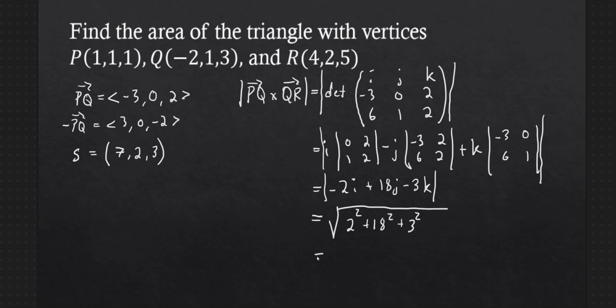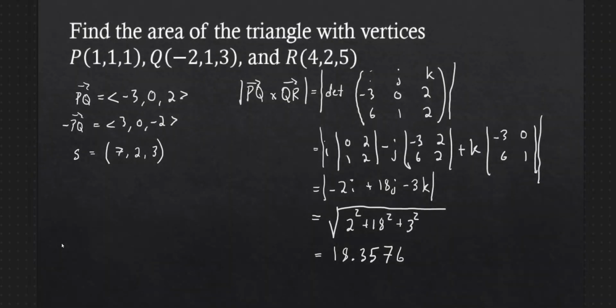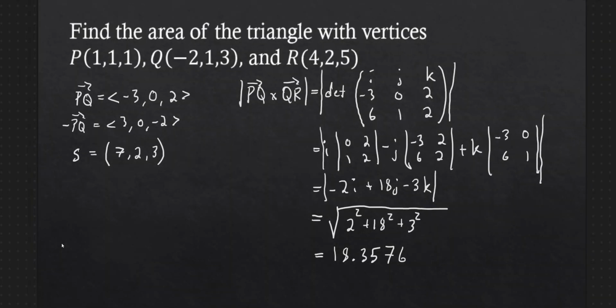And our answer should be positive, indicating the magnitude of the cross product, 18.357. I'll just round off here. And so remember, this is the area of the parallelogram. And so half of this is the area of the triangle. So divide this by 2.